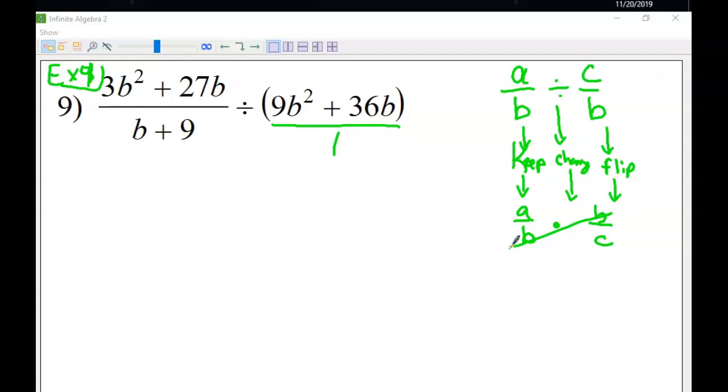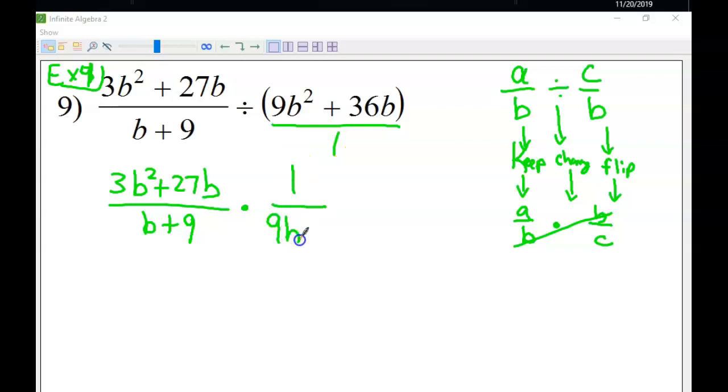I'm going to keep this the same. I'm going to change that into multiplication. And I'm going to flip this over. After that, it's a multiplication problem. So we just do what we did last problem. We factor and cancel, right?